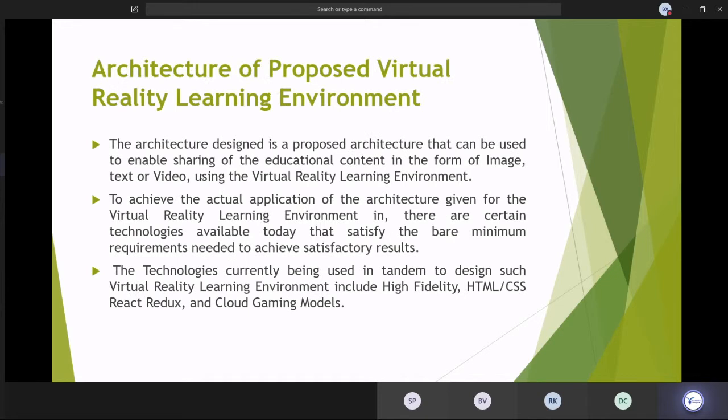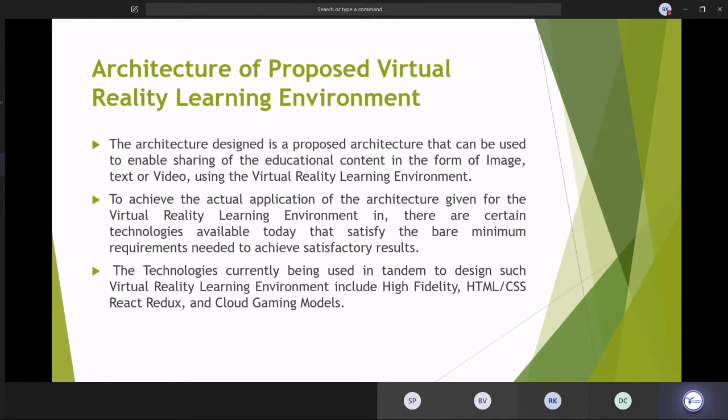The proposed architecture for virtual reality learning environment given here is designed with the information collected from various research papers that pertain to this topic.